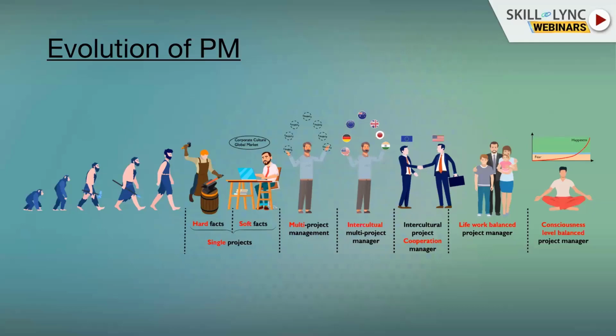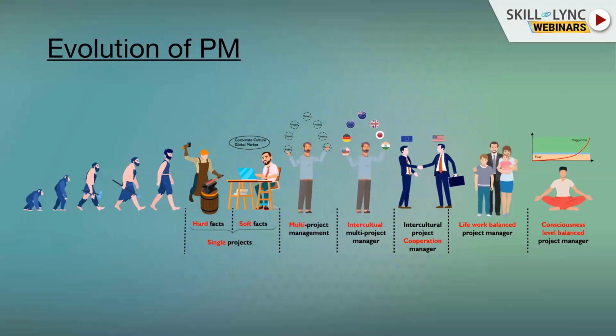We are having several projects which have different cultural and global impact. Due to globalization, it has resulted in intercultural multi-project management. Then came intercultural project corporation management, in which various globally developed countries came together to manage certain kinds of projects.